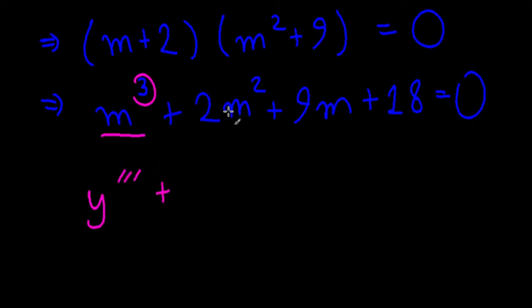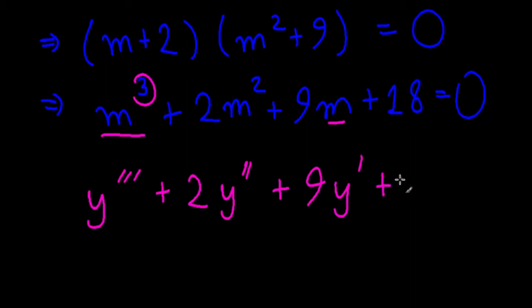So 2m squared, you replace that by 2 times the second derivative of y. Then 9m, m is replaced by the first derivative, and then you have 18 multiplied by 1, and that invisible 1 is replaced by the zero derivative, just y. So this is equal to 0.